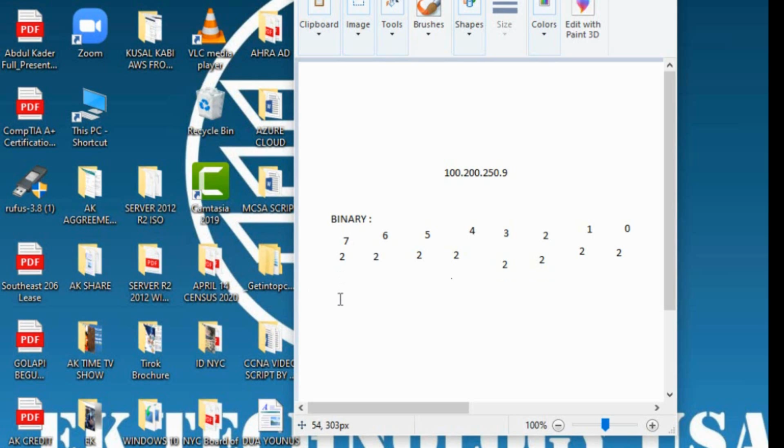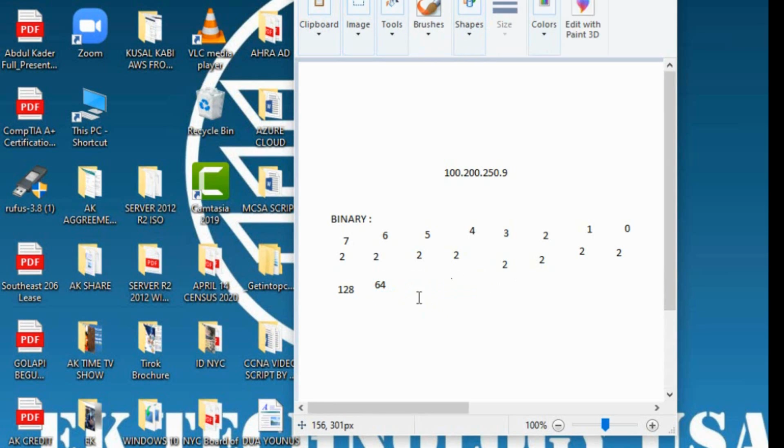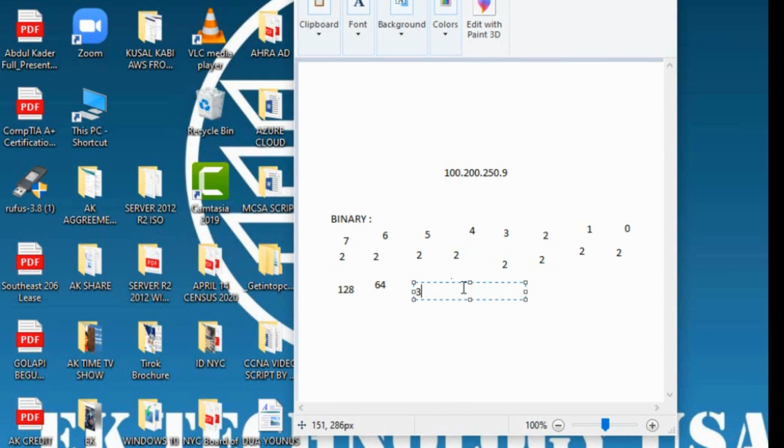So 2 to the power 7 is 128. 2 to the power 6 is 64. 2 to the power 5 is 32. 2 to the power 4 is 16. 2 to the power 3 is 8. 2 to the power 2 is 4. 2 to the power 1 is 2.